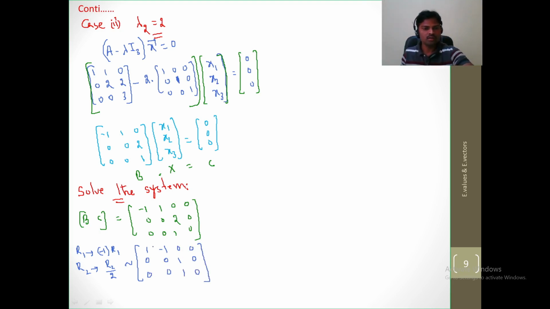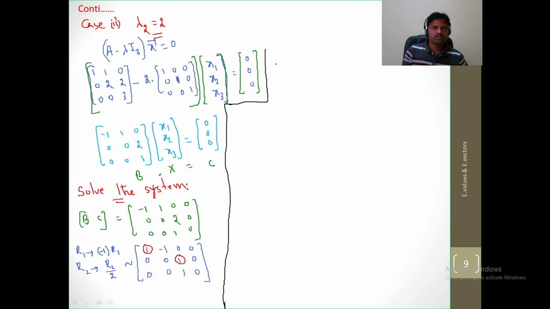Now look at it, is it reduced echelon? Check once. In the first row, the first non-zero entry is 1 and the remaining column entries are zeros, and in the second row the first non-zero entry is 1 and the remaining column entries must be 0. But here I have to make this one zero. So R3 is modified as R3 minus R2.